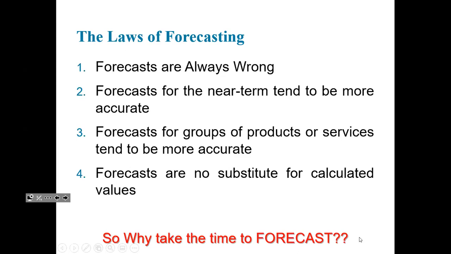Okay. The other rule we have is that when you're forecasting, it makes more sense to aggregate your forecast rather than forecasting for individual units of product.